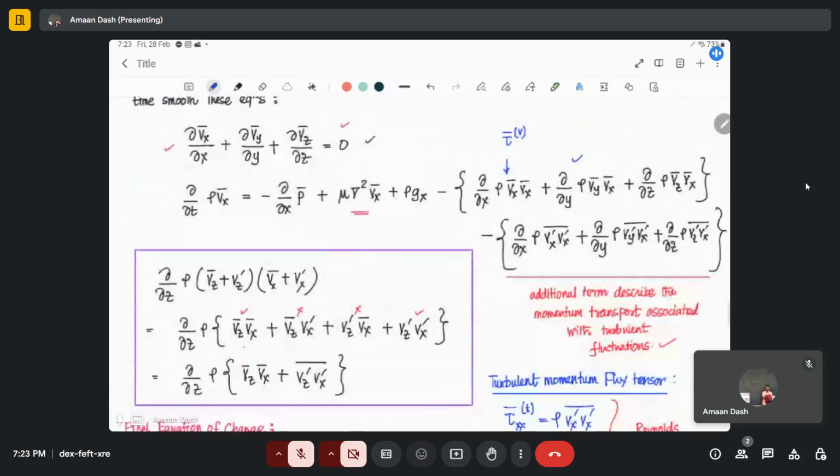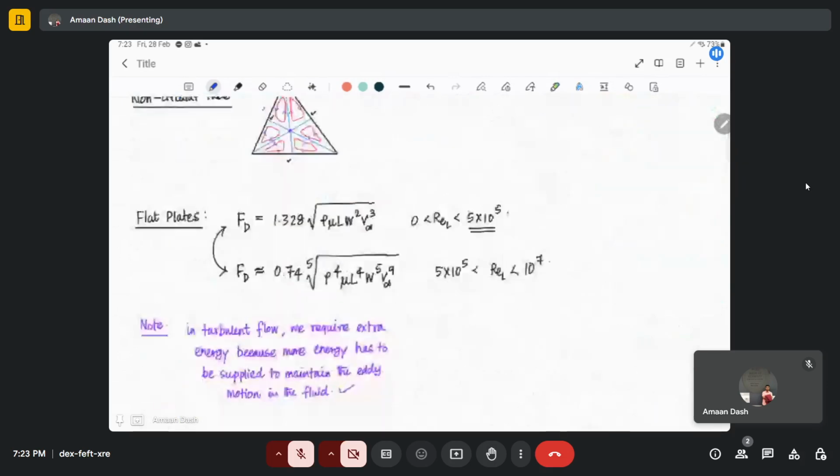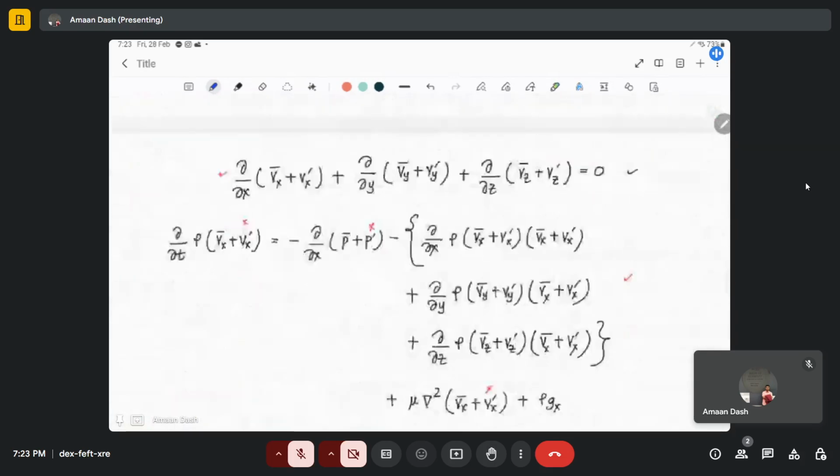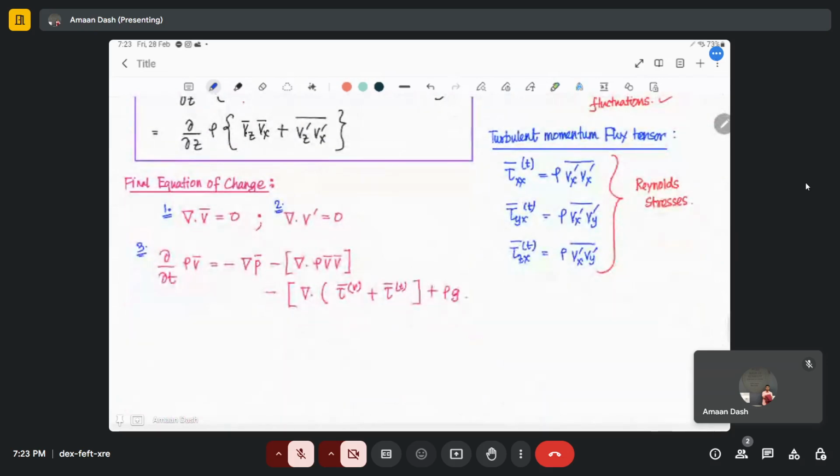Now, once we have developed all these things, we still have one major problem to solve. And what is that?